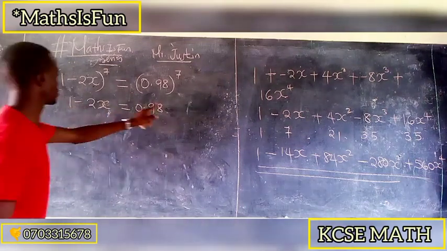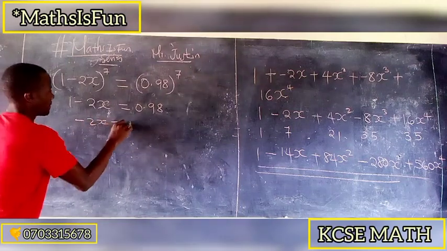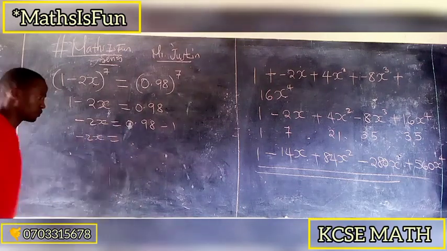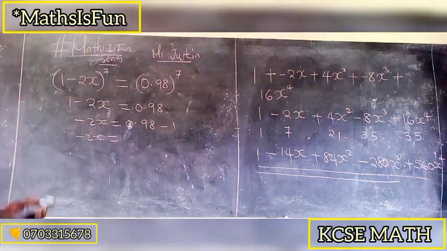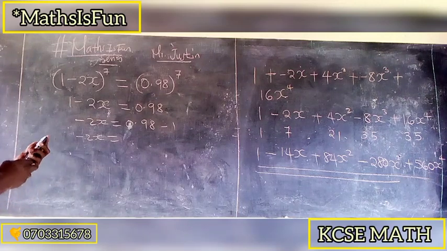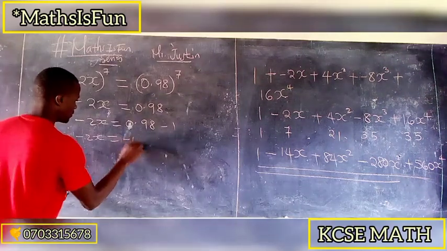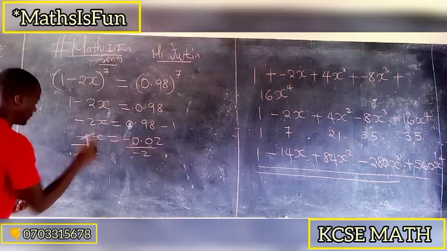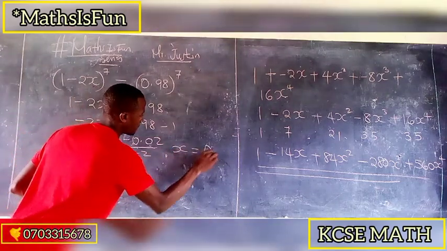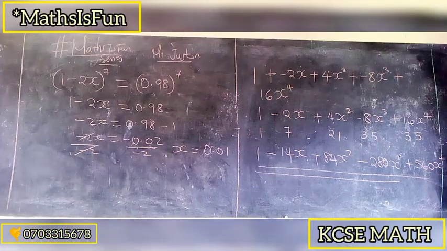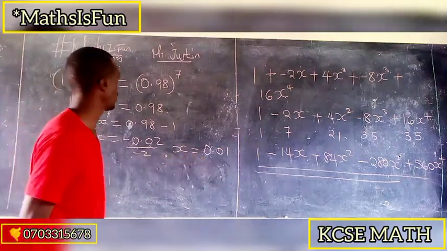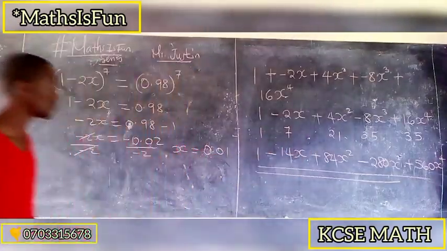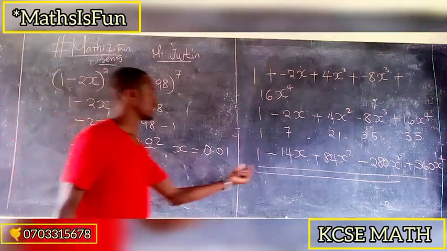Then you solve for x by collecting like terms. 1 goes to the other side, so 2x is equal to 1 minus 0.98, which gives negative 0.02 over negative 2. So x is 0.01. You had done your expansion, so substitute for x in your expansion.